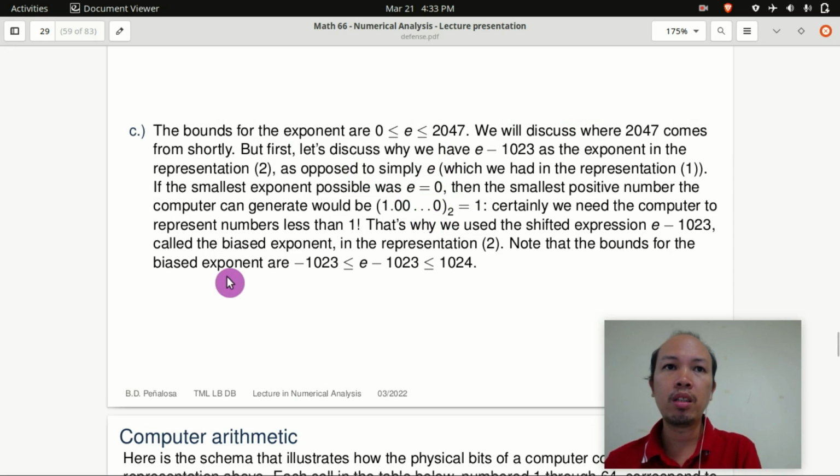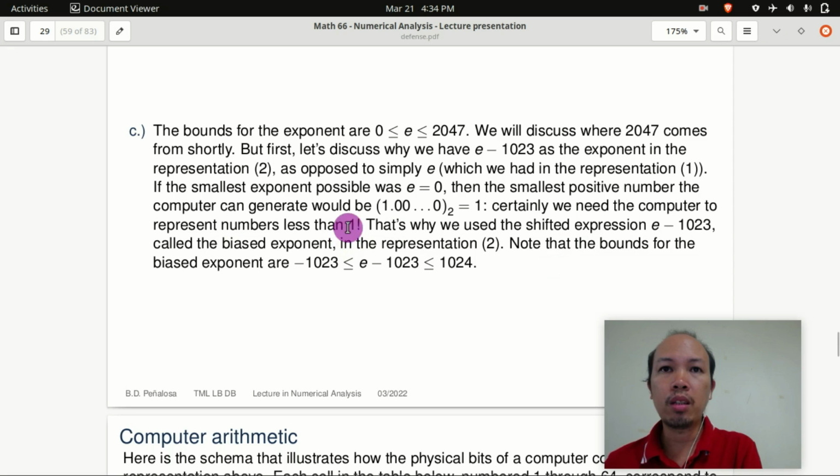Notice that if the smallest possible exponent is equal to 0, then the smallest positive number the computer can generate is 1.00 and so on, in base 2, which is certainly equal to 1. And certainly the computer needs to represent numbers that are less than 1.